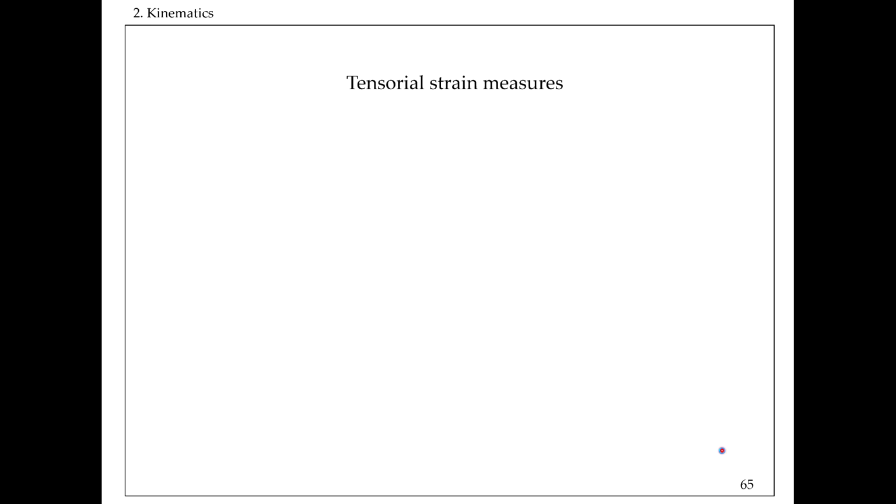And so for engineering strain, we will define it in the following way. Again, formally here, so here's our basis of principal directions, assuming that we do know the principal stretches and principal directions, then it can be defined in this way, right?